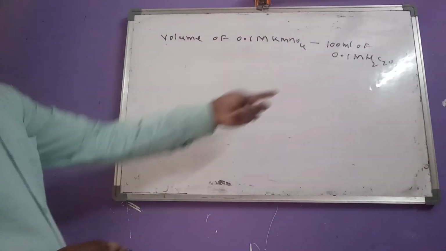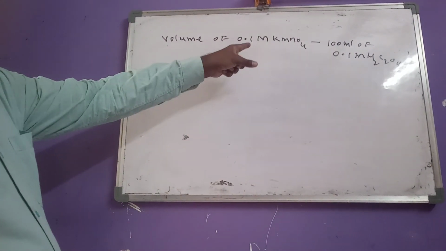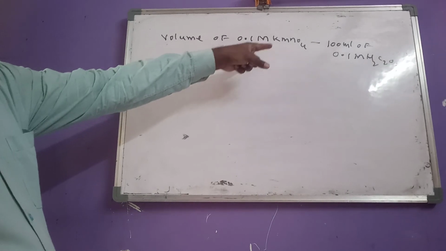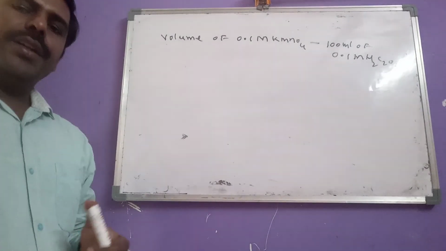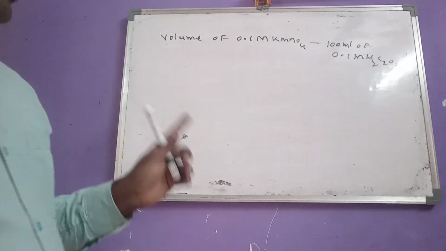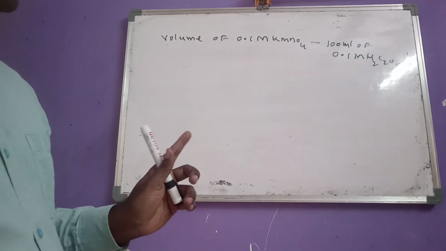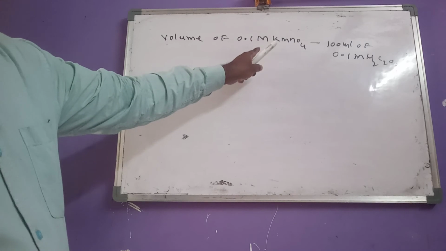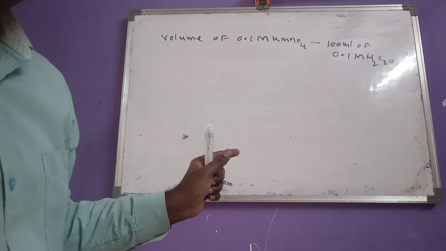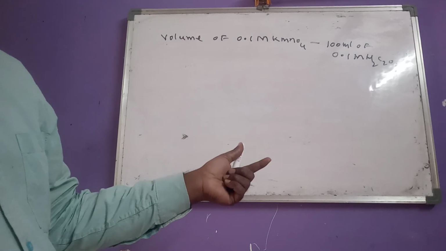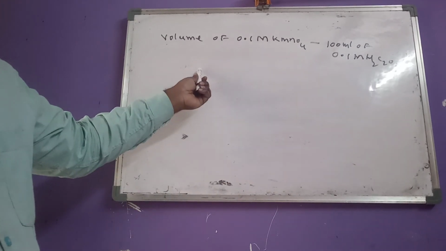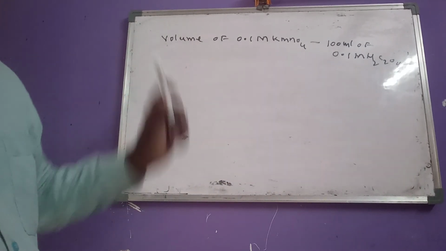So for this oxalic acid, how much volume of 0.1 M KMnO4 should be used? My suggestion for students is to convert the molarity values into normality. Then you can easily calculate the volume of KMnO4.